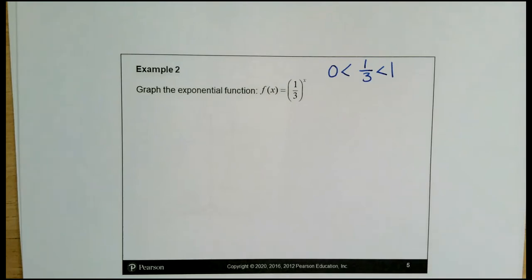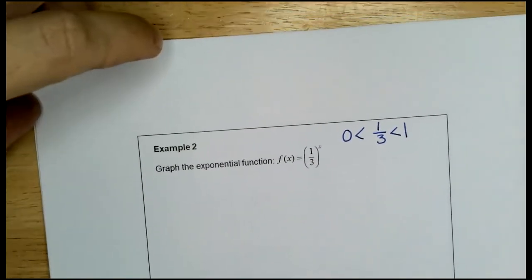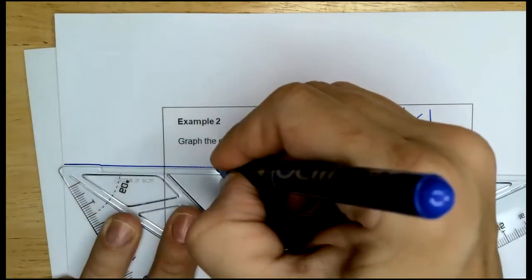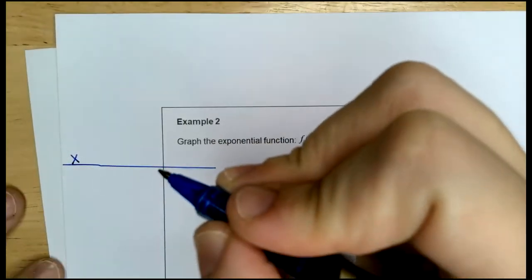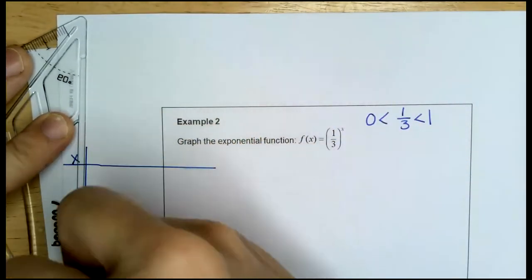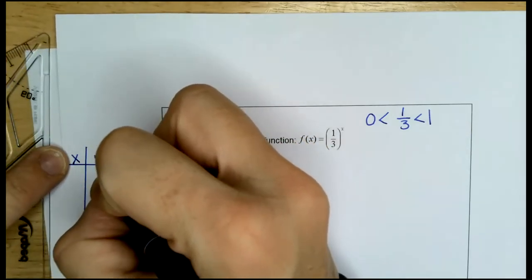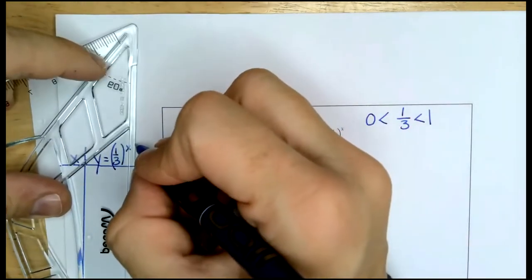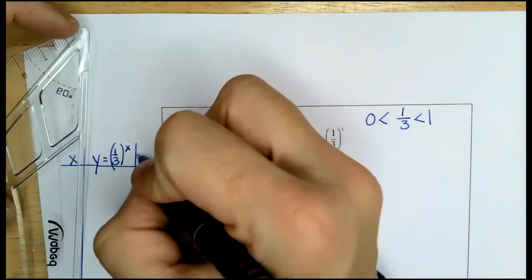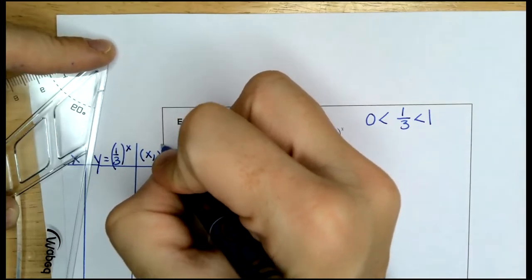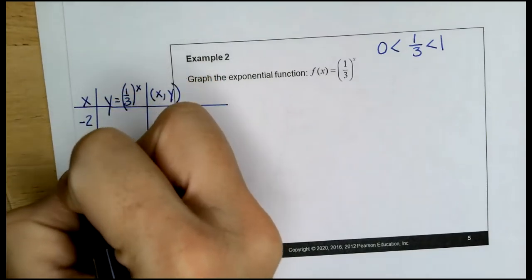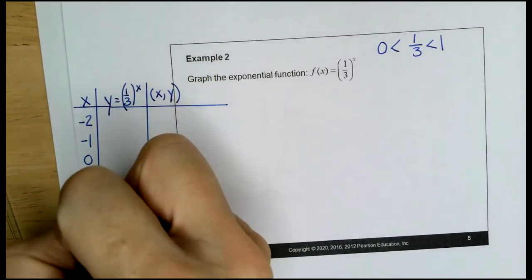So I'm going to again use a table of values to figure out how best to graph this graph of exponential decay. So I'll have x, I'll have y equals (1/3)^x, and I will have (x, y), or my ordered pair. And I'm going to use the same x values: -2, -1, 0, 1, and 2.